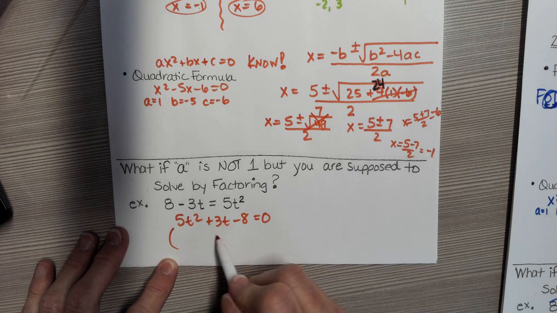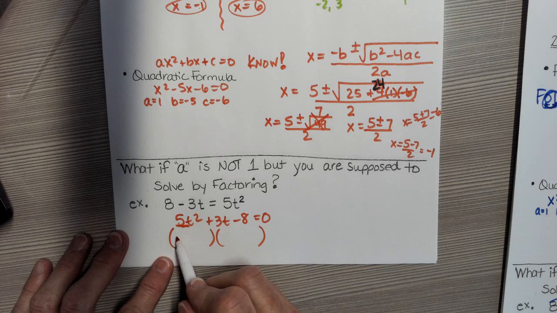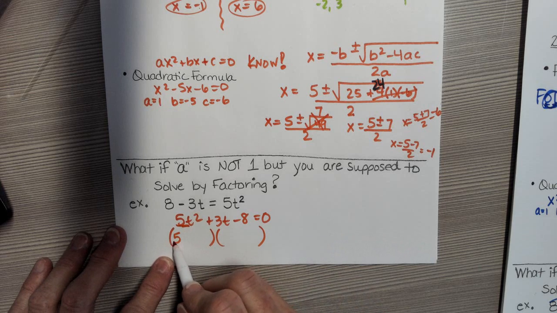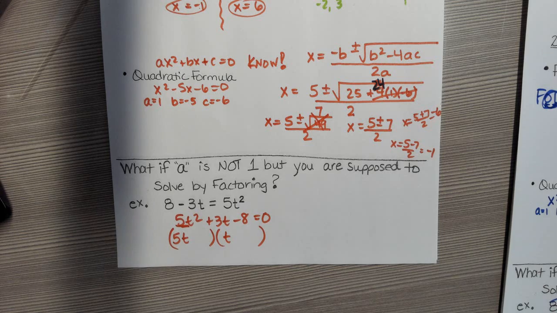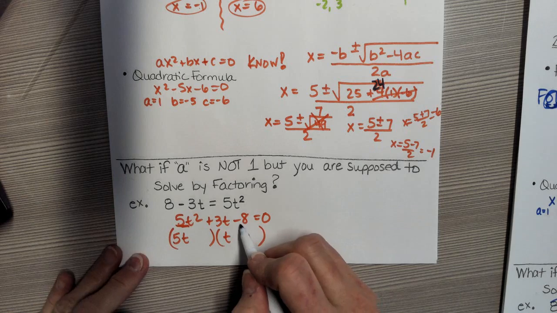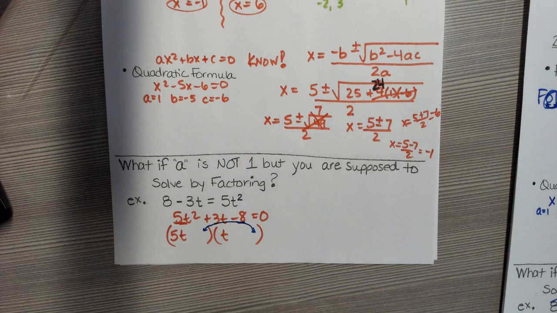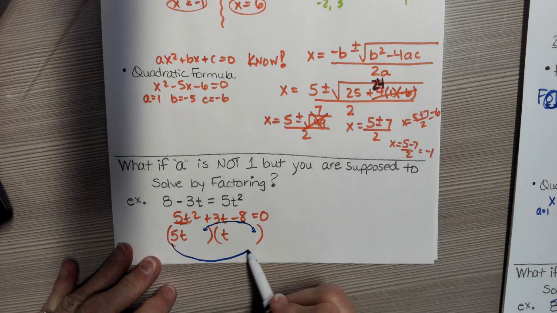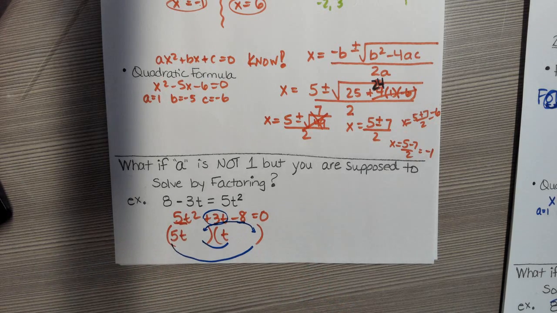So to factor this, we want the factors of 5t squared. Well, we don't have too many choices for that. 5 and 1 or 1 and 5. So I'm just going to go 5t, t. Then I need factors of 8. They're going to go here and here, but when I do the outside and the inside, I need to get a sum of positive 3.